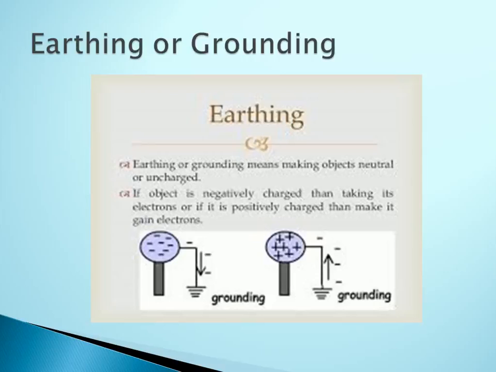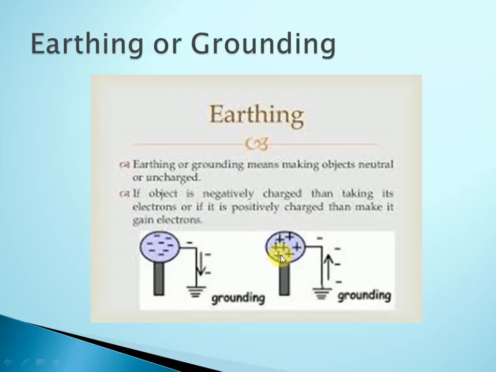Now we will turn to the diagram. Here is an object which is mounted on an insulator and it is negatively charged, that is, it has excess negative charge, and in this object there is excess positive charge. Obviously it is mounted on an insulator stand. Okay, so here grounding or earthing means making the object neutral or uncharged, and if the object is negatively charged like this, it takes the electrons to the earth.